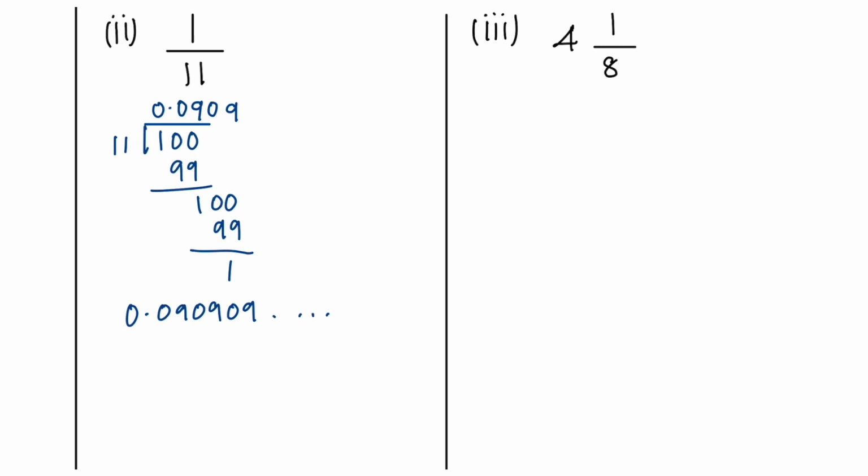So how can you express this? 0.09 bar. Now this is a representation that we have already seen. This is not something new. You have seen this already in these previous videos. Whatever the part that is repeating, you place it under a bar, or you place a line above it.